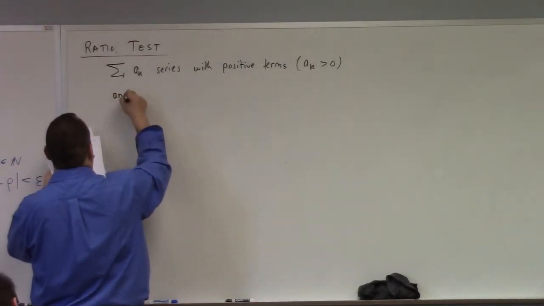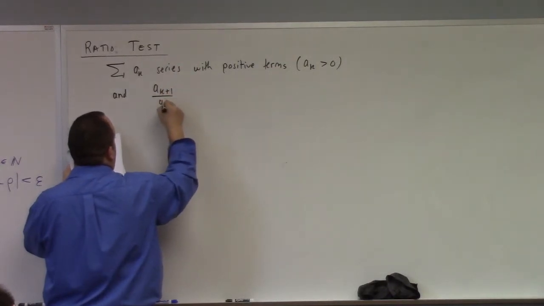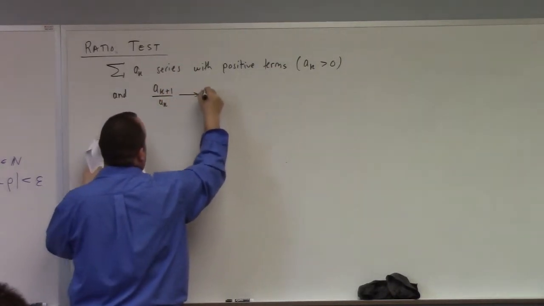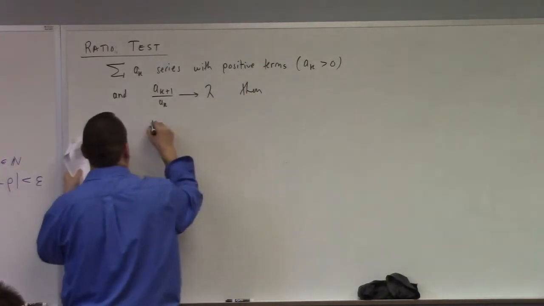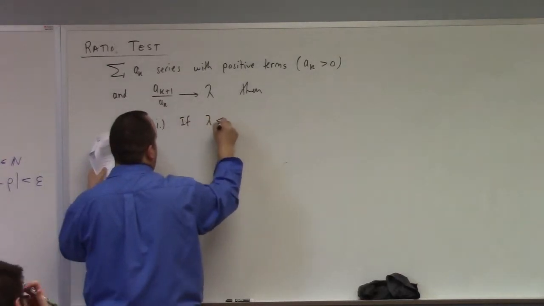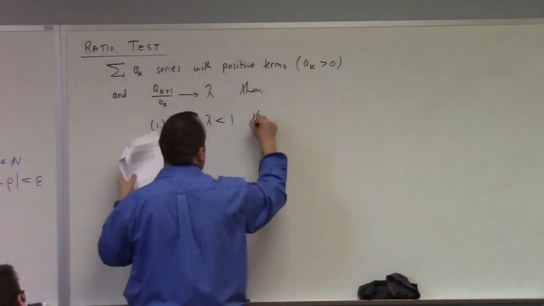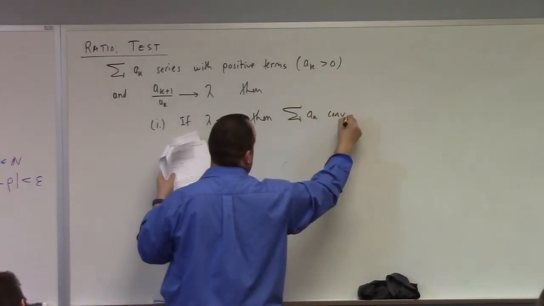And if we have that the ratio of a sub k plus 1 to a sub k goes to lambda, then, again, case 1, if lambda is less than 1, then the series converges.